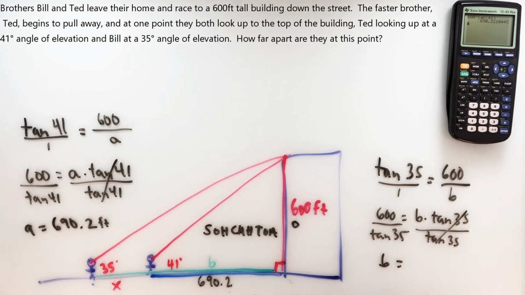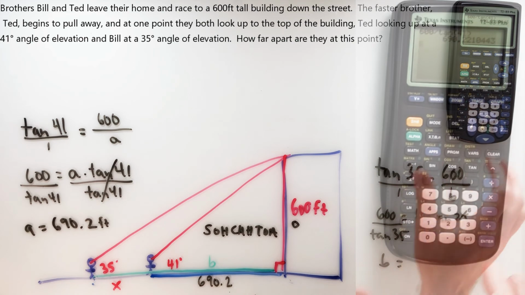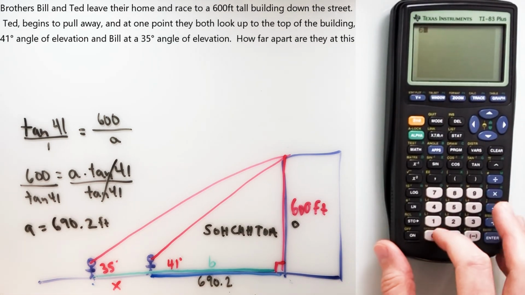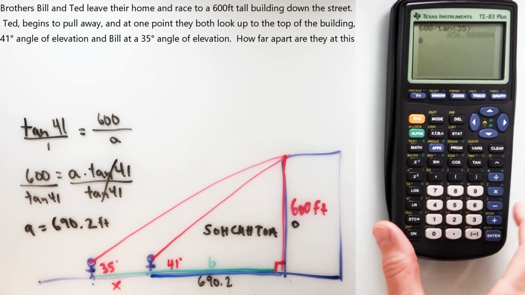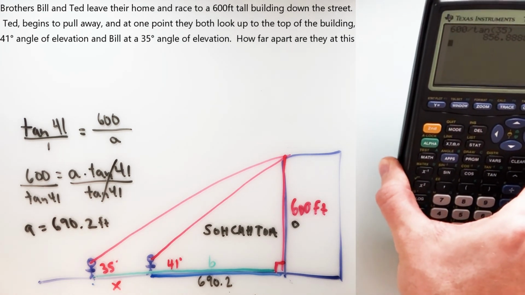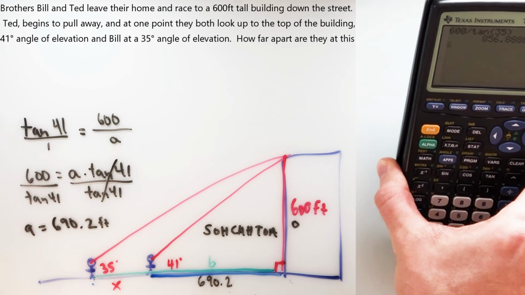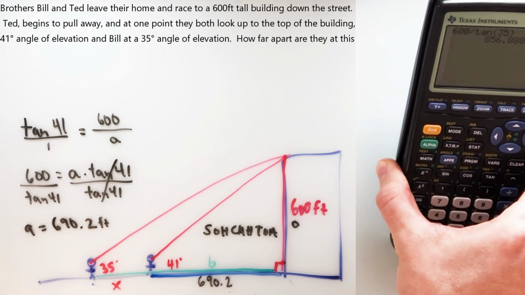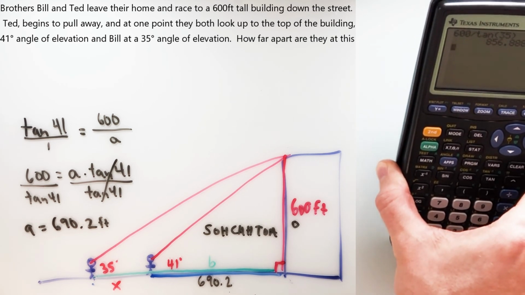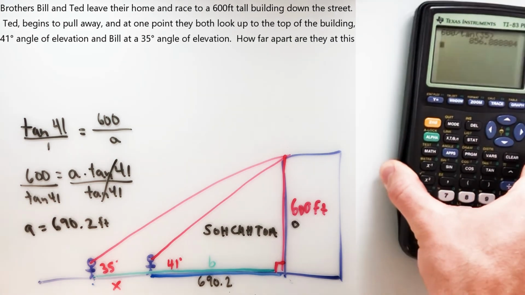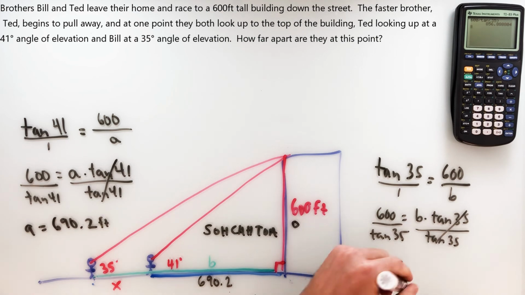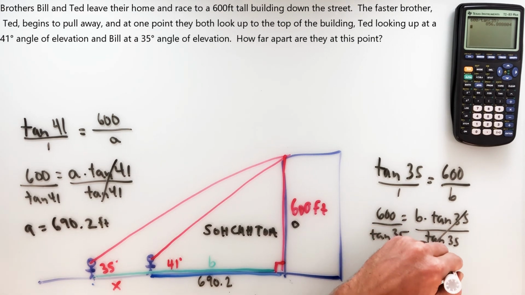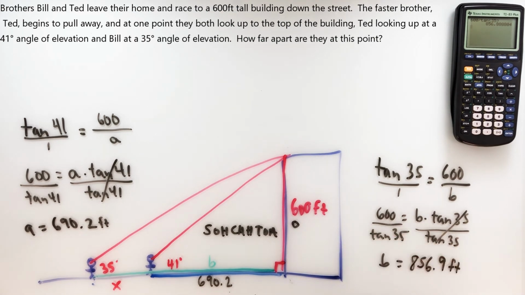Which gives me B equals 600 divided by tangent 35. And we've got 856.9. Okay, 856.9 feet.